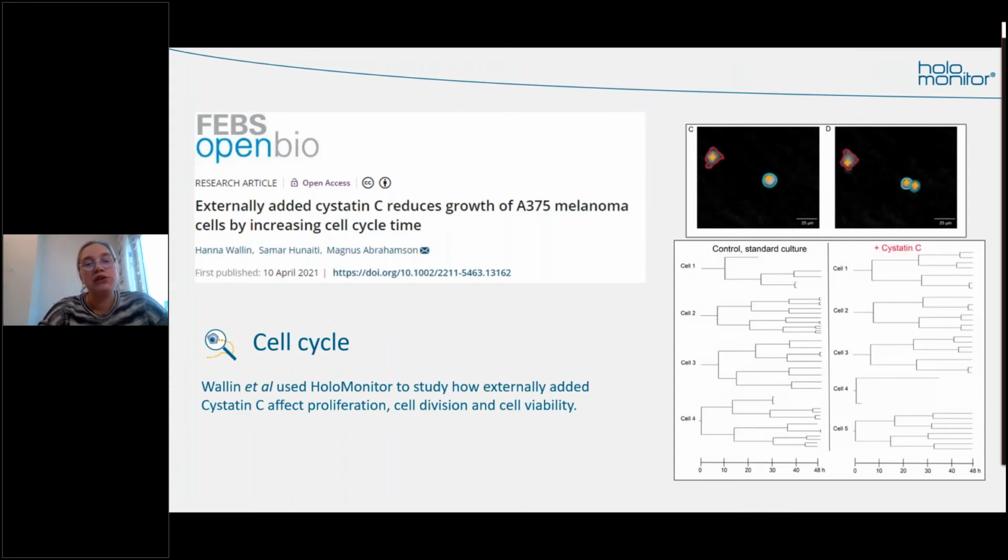In a recent publication, Wallin et al. used HoloMonitor to study the effect of externally added Cystatin C on A375 melanoma cells. They looked at proliferation, cell survival, number of mitosis, and doubling time, and they could see that externally added Cystatin C reduced growth and increased cell cycle time in these cells.